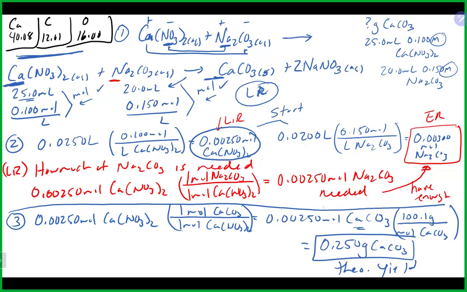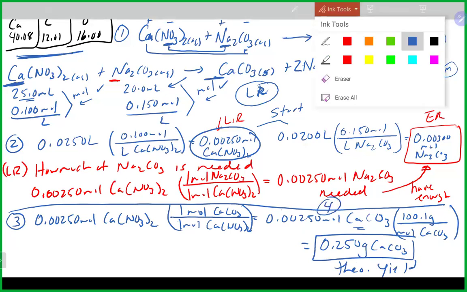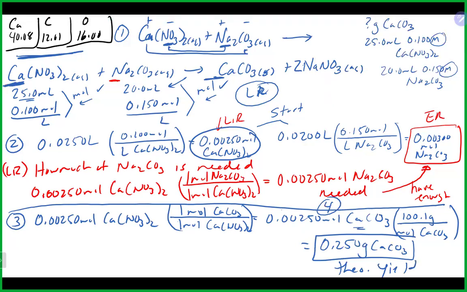So once again, our same sort of 4 steps that we've done in previous stoichiometry problems. We got our balanced equation here. We converted to moles using volume and molarity. We did our limiting reagent calculation because we needed to. We used our limiting reagent and did our mole to mole relationship from the equation.